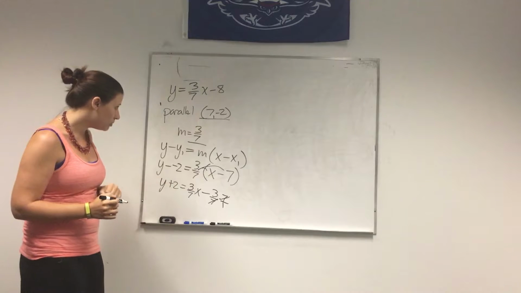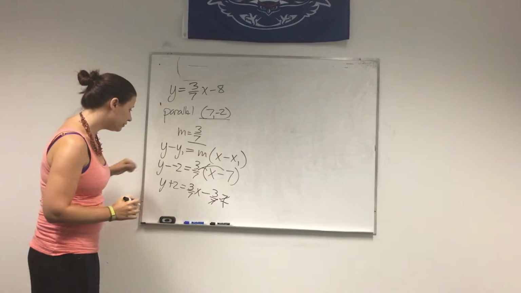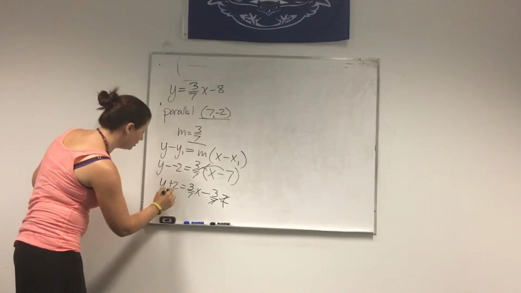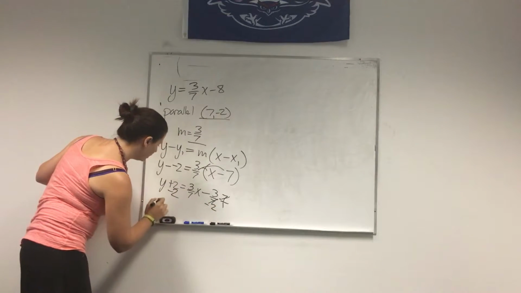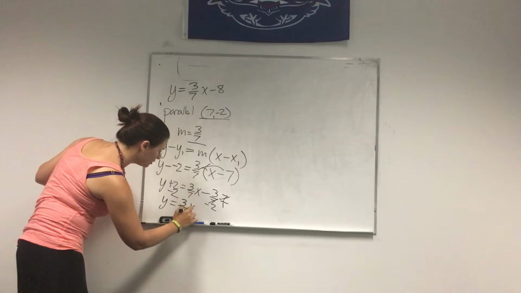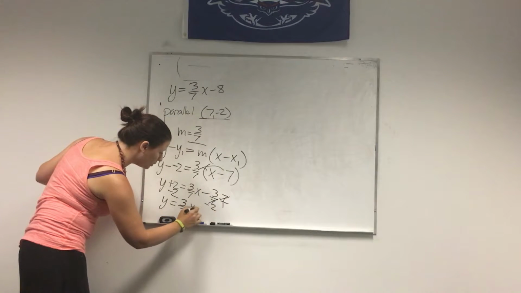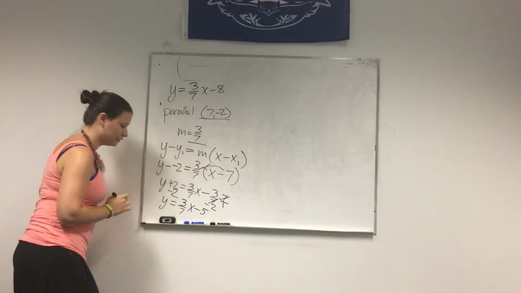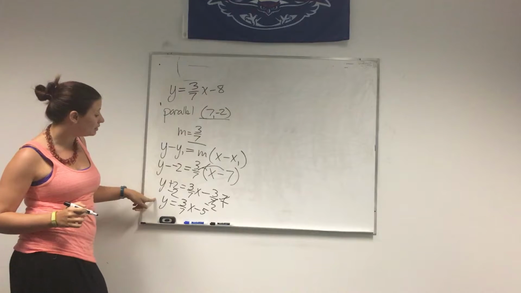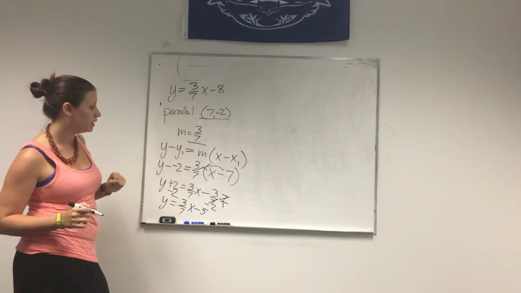Then we need to do something about this 2. So we subtract it to the other side. So that means we have y is equal to 3/7 x minus 3 minus 2 is minus 5.